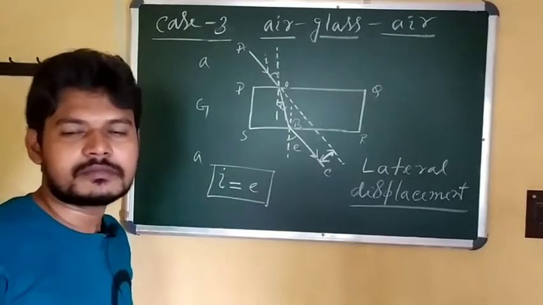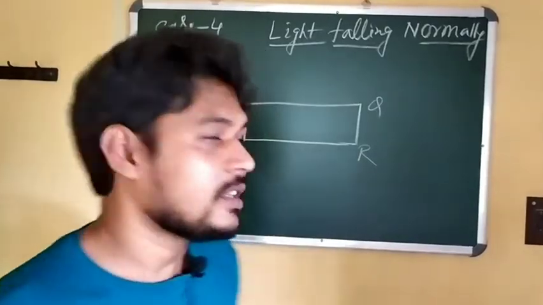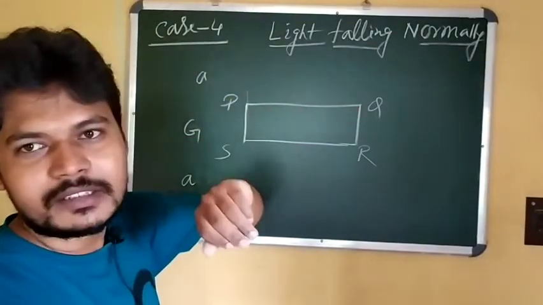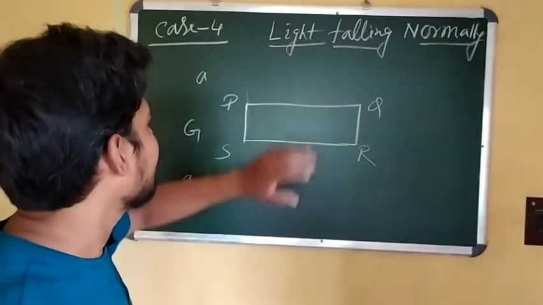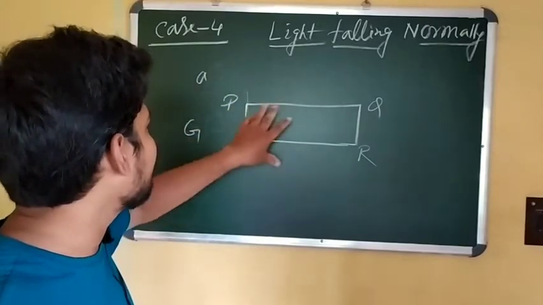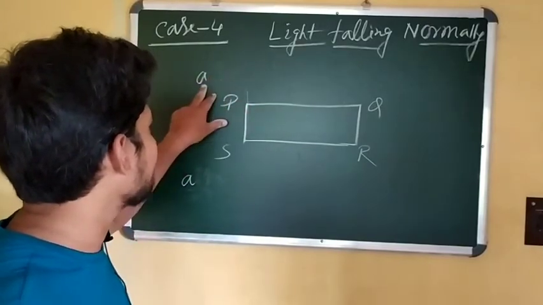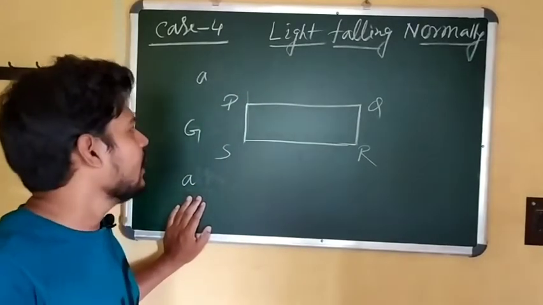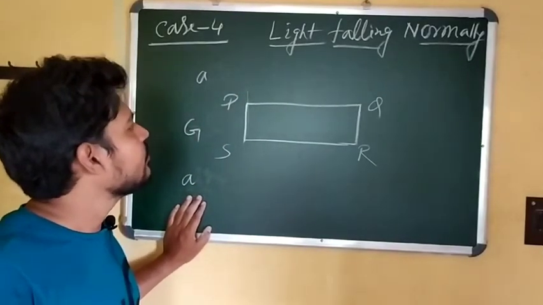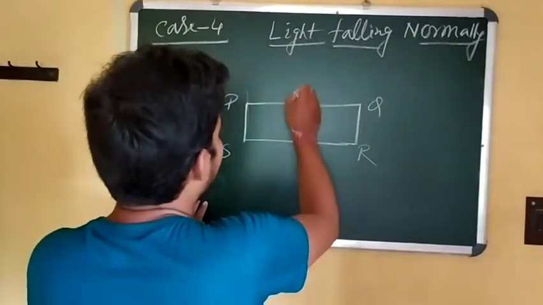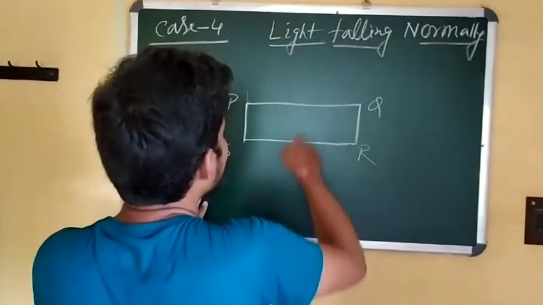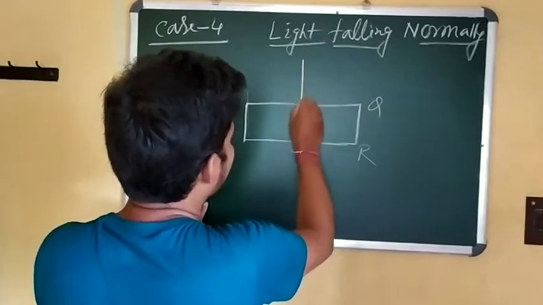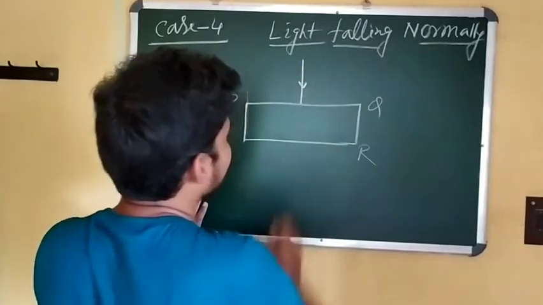Okay. Now students, that is our case 4, light falling normally. That means if we fall the light on this glass slab, the upper portion is air medium, that is the glass medium, that is again air medium. Now if we make the light incident normally on this glass slab, then what happens? Up to this I just draw this, that is the incident ray.